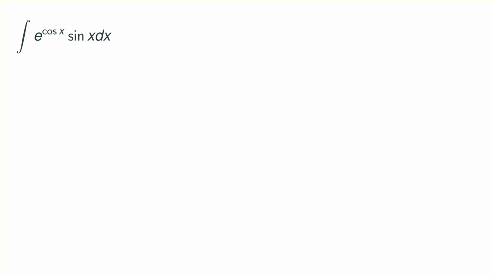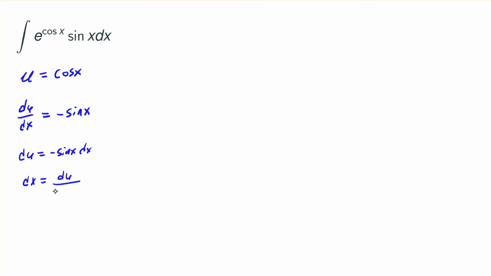Indefinite integral of e raised to the cosine x times sine x dx. So let's let u be cosine x, then du/dx equals negative sine x. Then we need to solve for dx, right? Well, du equals negative sine x dx, so dx equals du over negative sine x.